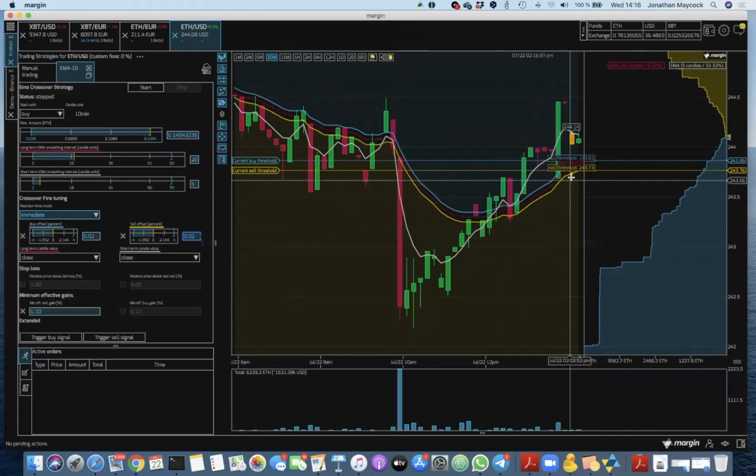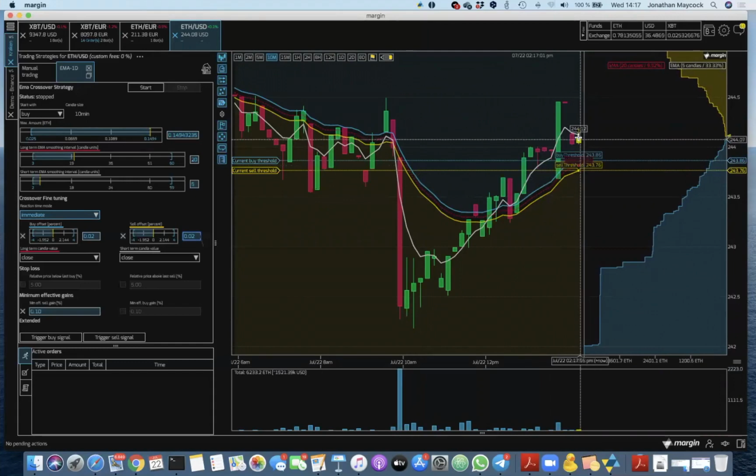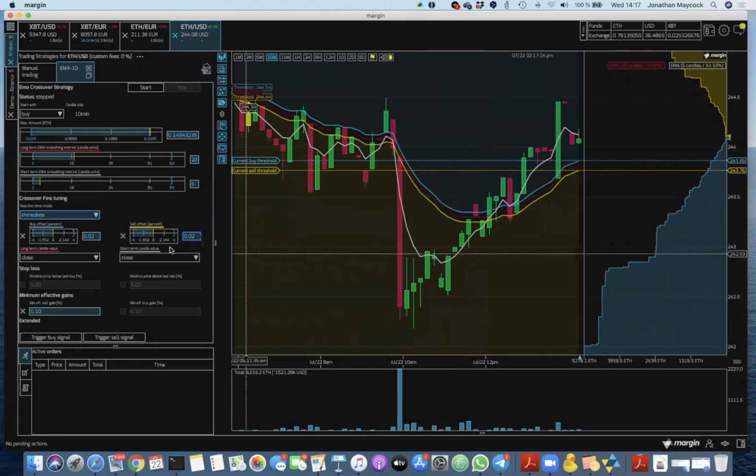But the first thing to notice is that now the lines, as we go up here, go all the way to the current candle. You can see that they're now taking the data from the candle as it's forming. Because we use this immediate mode, we are forced into using these offsets, and you can configure how big or how small those offsets are.